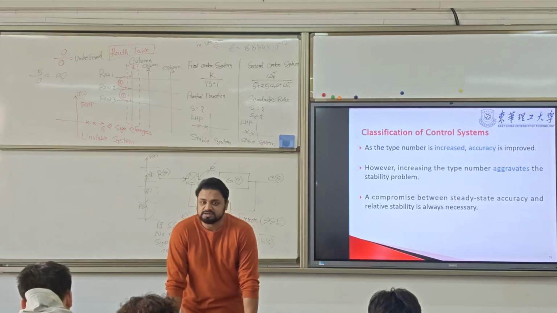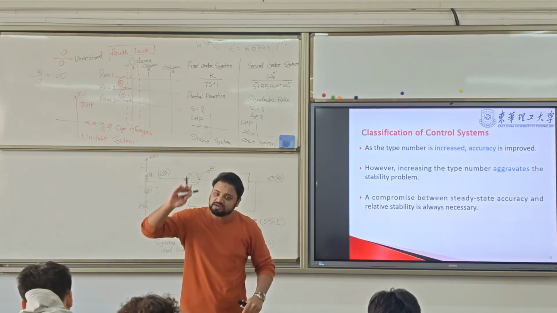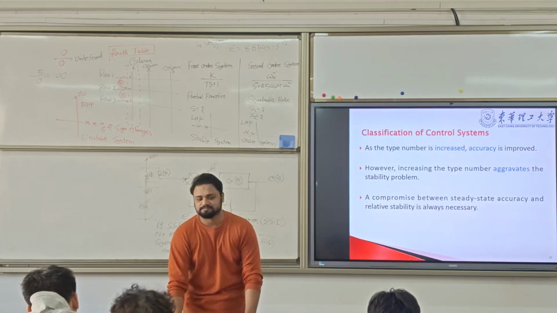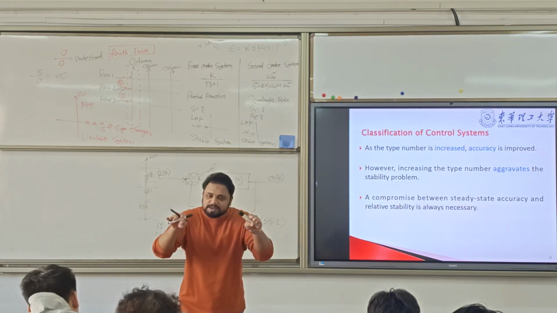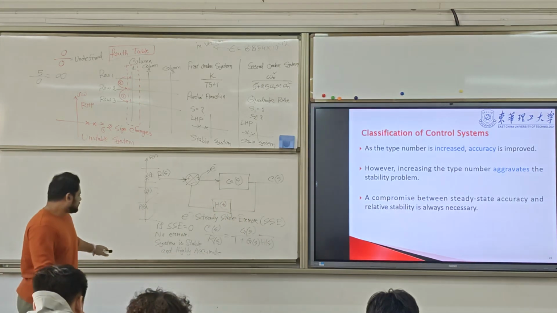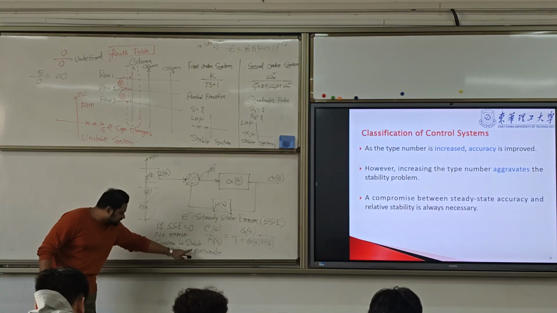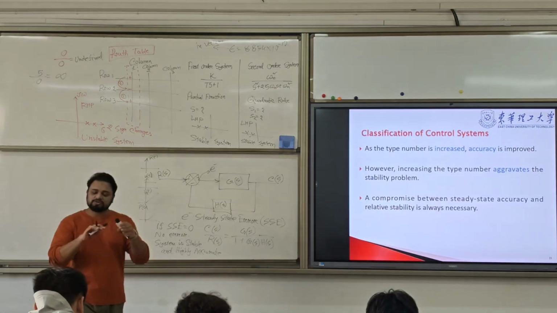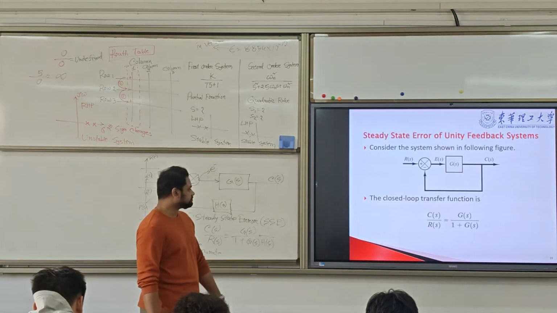If the type number increases, accuracy improves, but stability decreases. So you must maintain a balance between these two, stability and accuracy. So we need to calculate this.